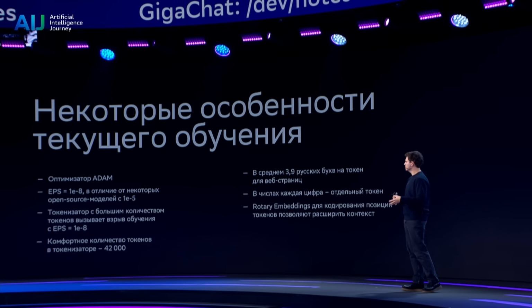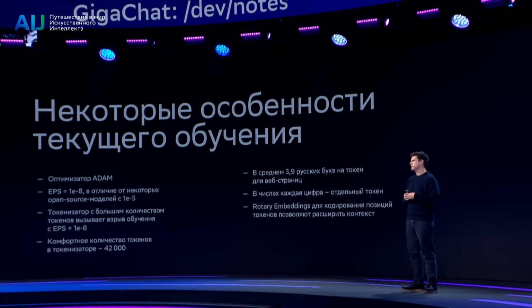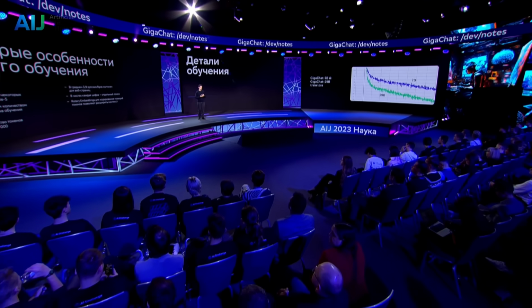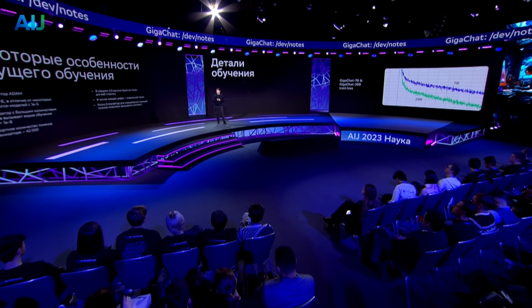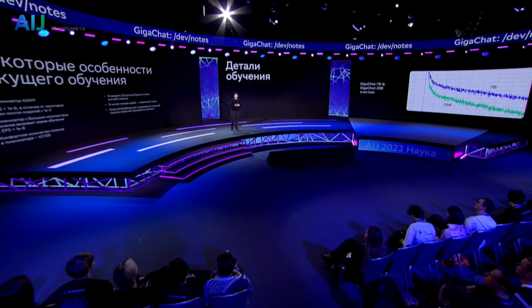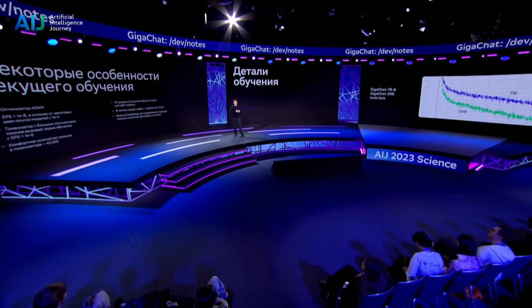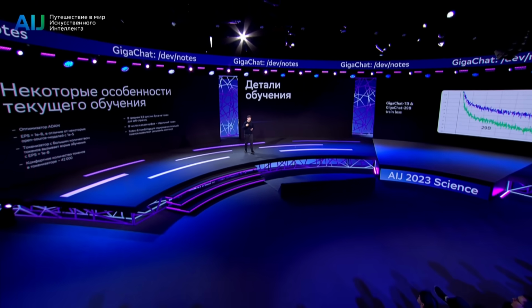Of course, we wanted to be more aggressive in our training, but if we took the magical epsilon, the problem was that the training just stops at some point. The network just stops training. We decided to dig deeper into this problem, and we found out that the problem was the tokenizer.